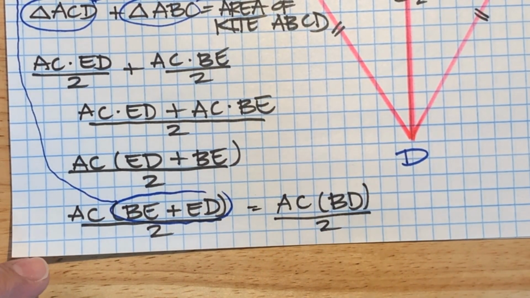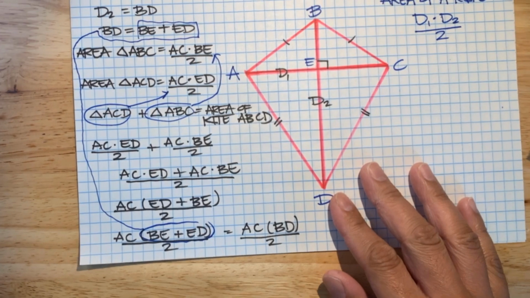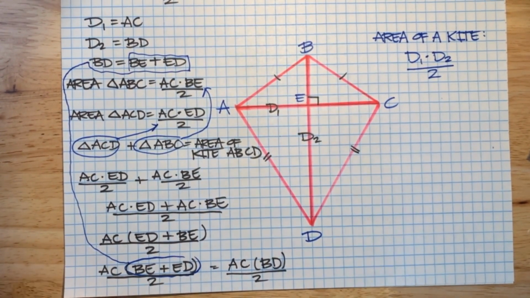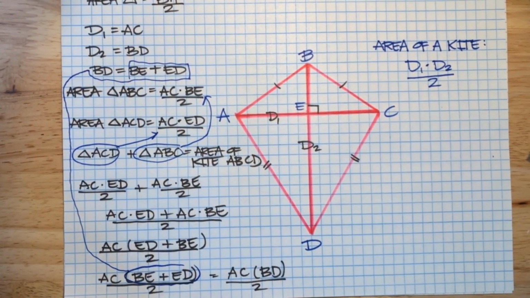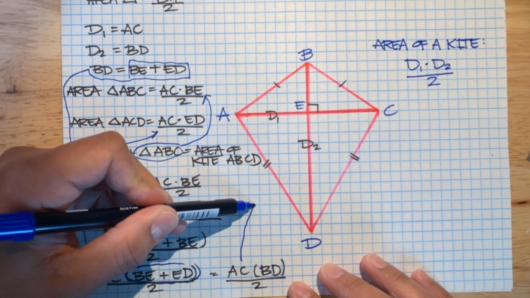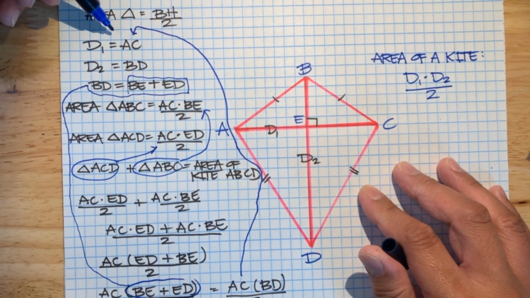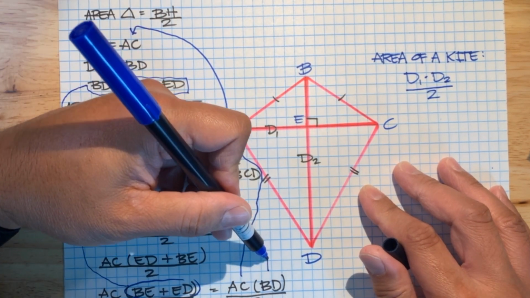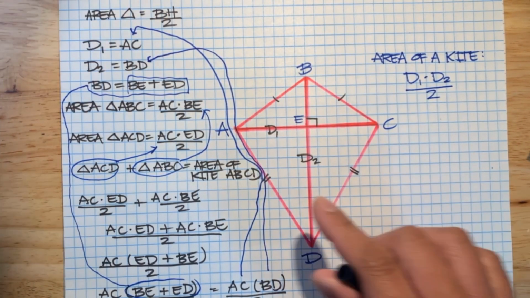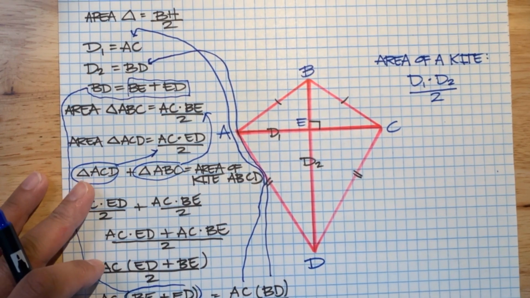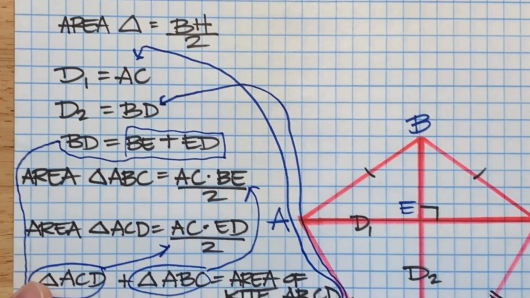Okay. And then let's zoom out one last time. And if we remember, we have AC times BD over 2. If we do remember, look at that. AC is equal to diagonal 1. And BD, hope you guys appreciate my sound effects. BD is equal to diagonal 2 right there. AC is diagonal 1, BD is diagonal 2.